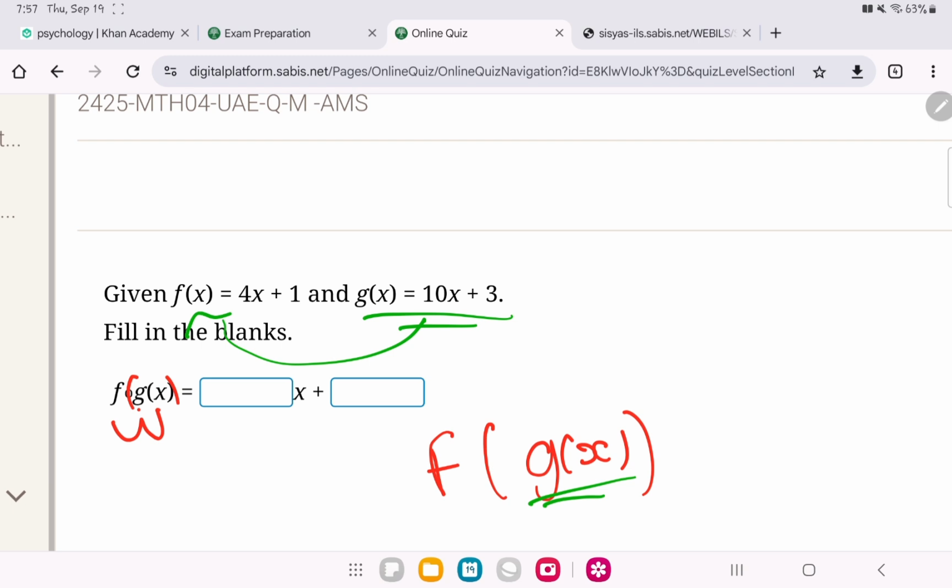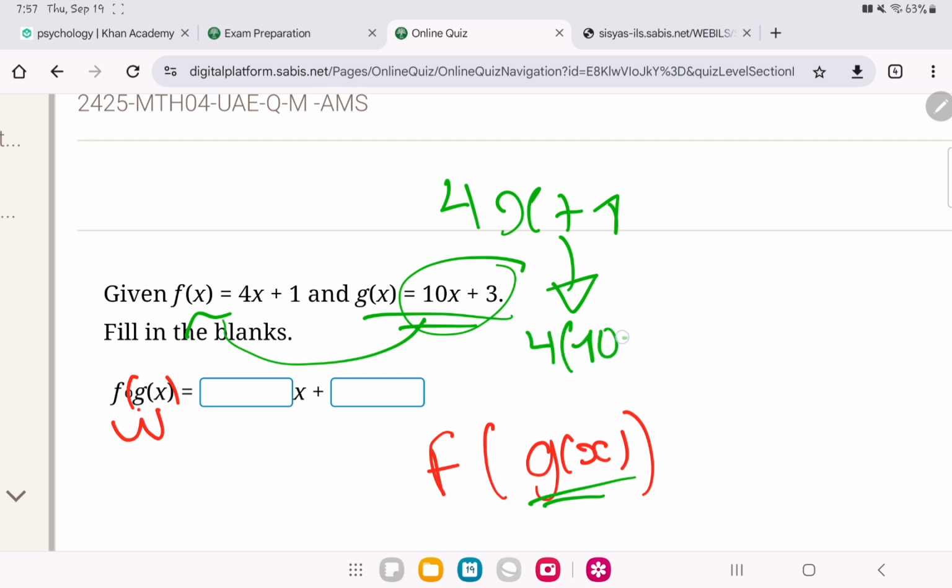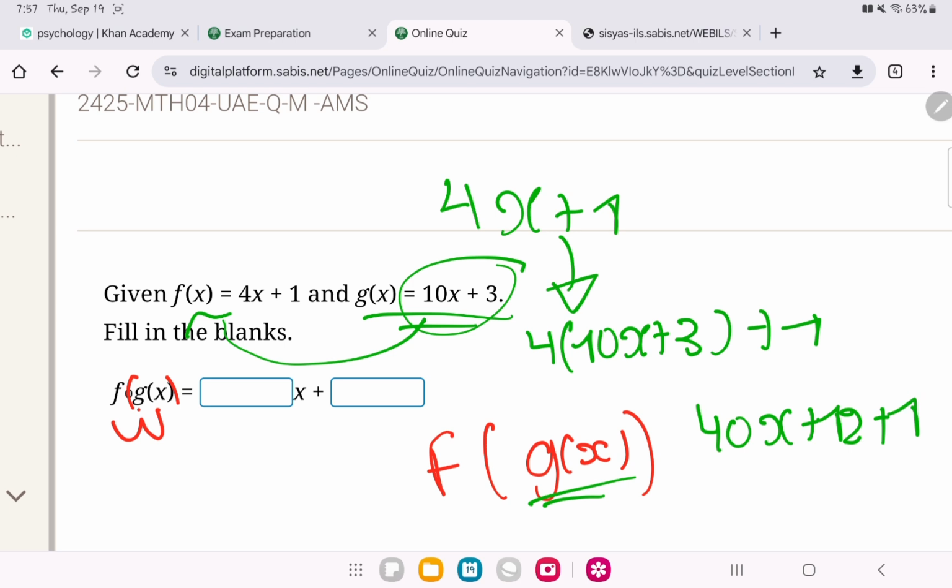So every x in the equation of fx has to be substituted with 10x plus 3. So for 4x plus 1, we substitute every x with 10x plus 3. It becomes 4 times (10x plus 3) plus 1. So 40x plus 12 plus 1. So then 40x plus 13.